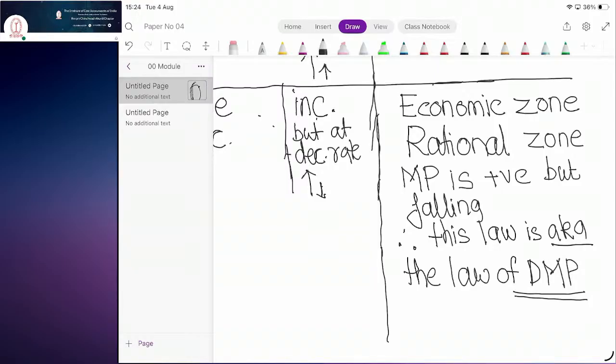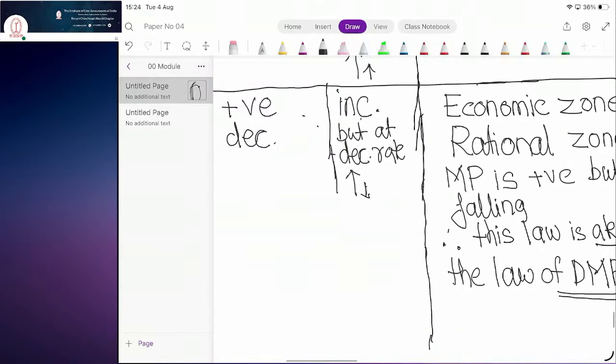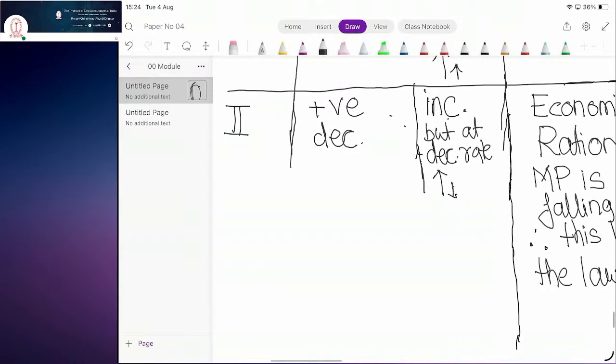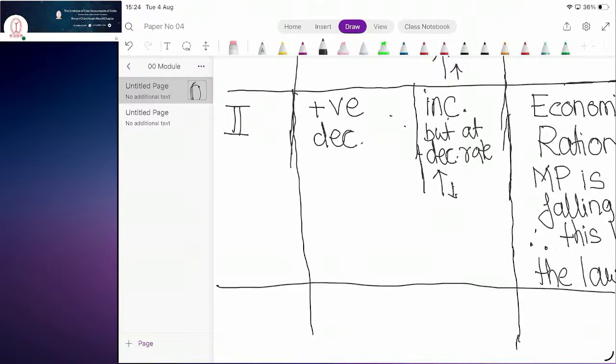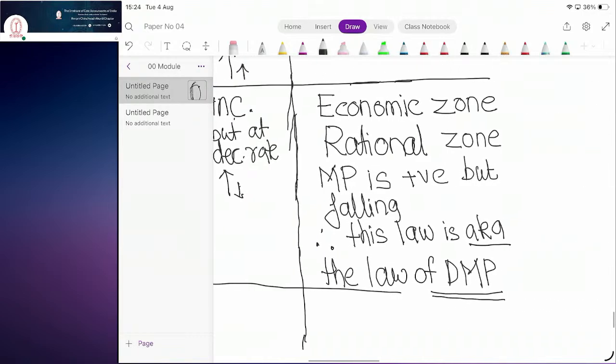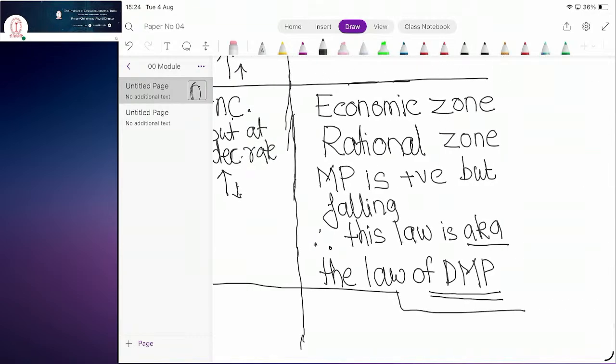Have you got this? Law of diminishing marginal product. This is stage 2. Okay, and most of the firms will operate only in this region, the rational zone.